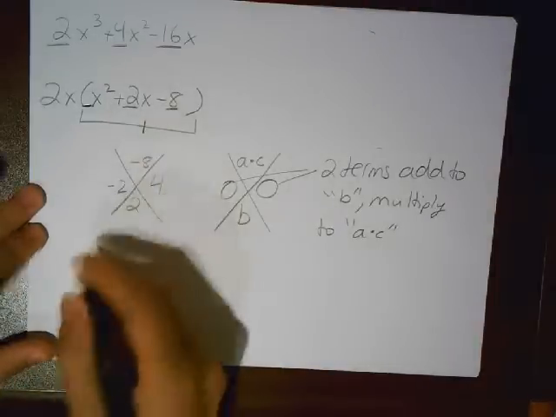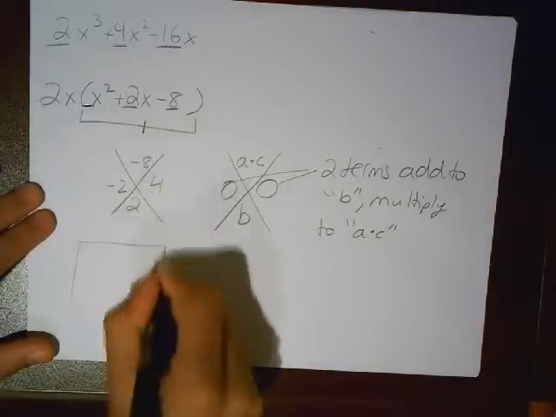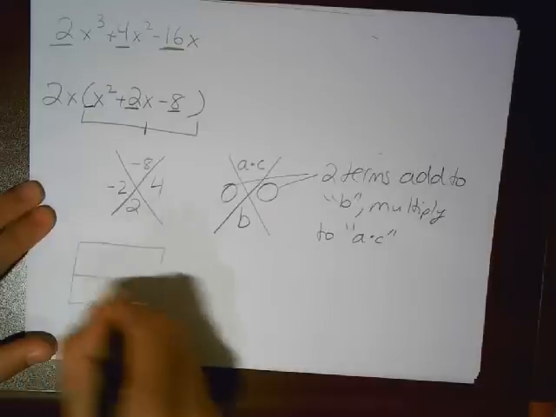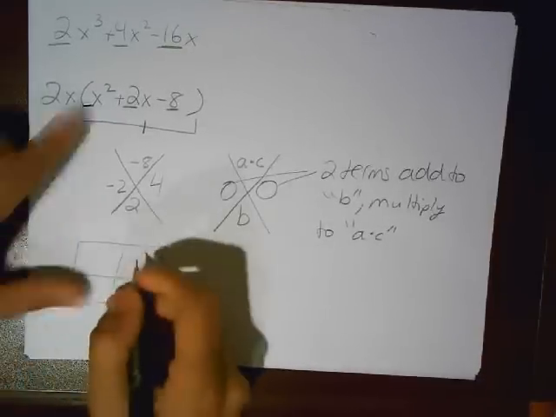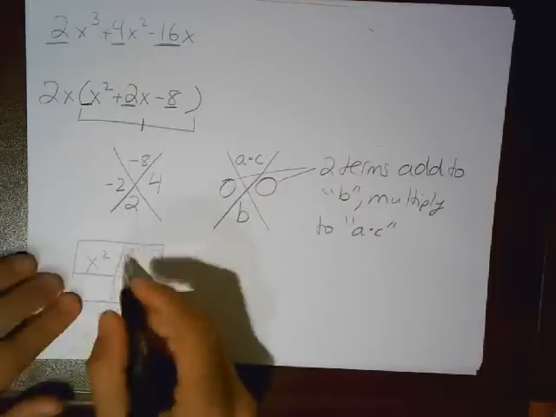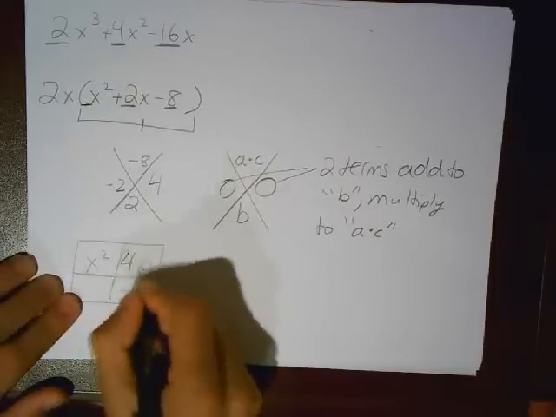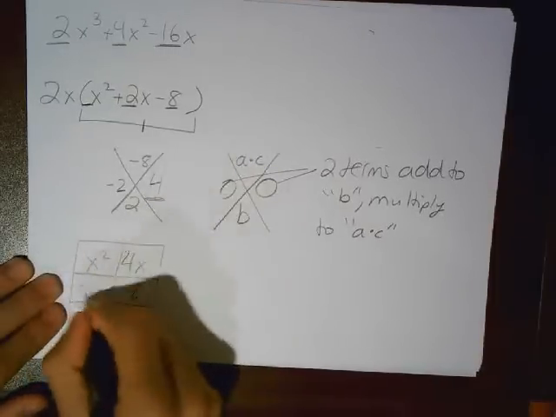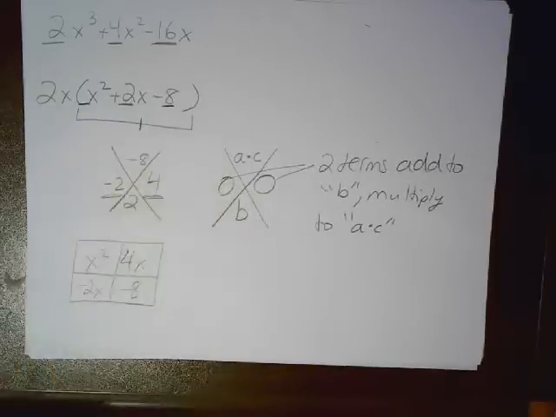Then you've got this right here, so now you make this box here, and in the box you have, first term is x squared, this is negative 8, and then here you have 4x that came from here, and negative 2x that came from here.